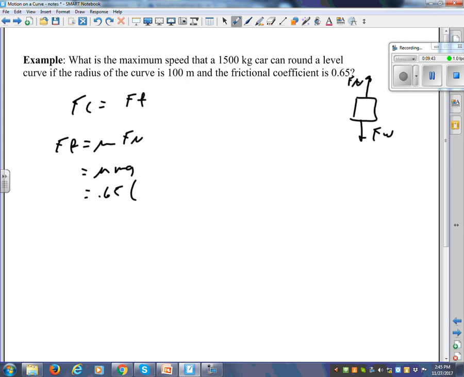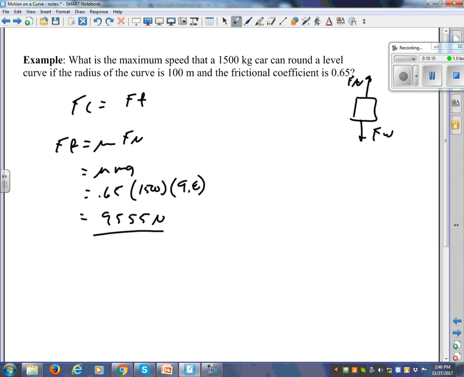Now I thought the mass didn't matter. Well, let's plug it in and we'll see what happens. 0.65 times 1,500 times 9.8, and you get a frictional force of 9,555 newtons. The maximum frictional force is 9,555 newtons.